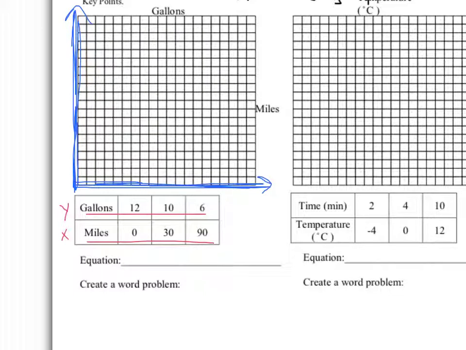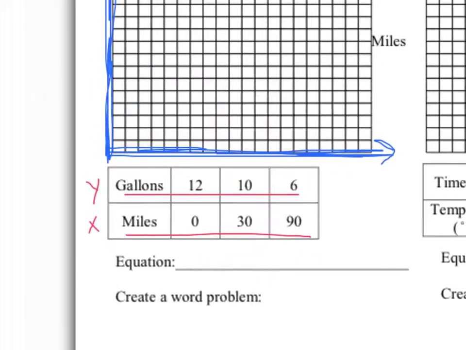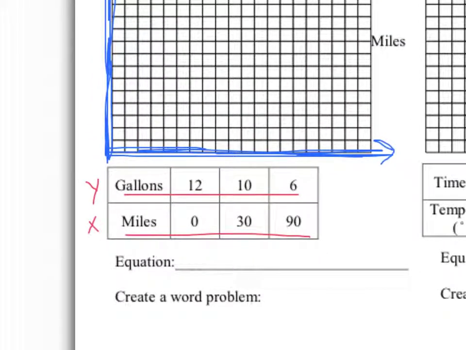My miles seems to go from 0 to 90. I definitely do not want to count by ones because I'm not going to have 90. So what do you want to count by? Tens? All right, let's do tens. So I'm going to label every other one. This is 0.